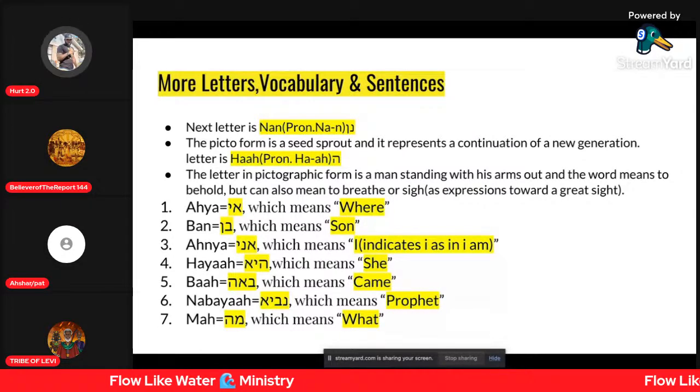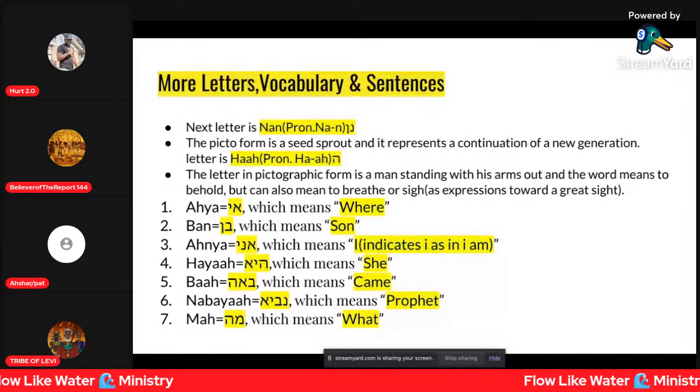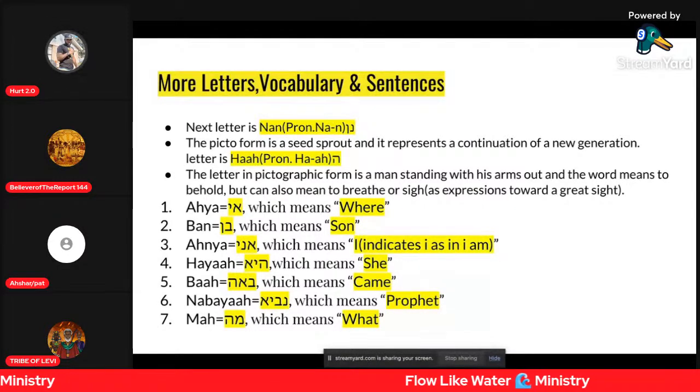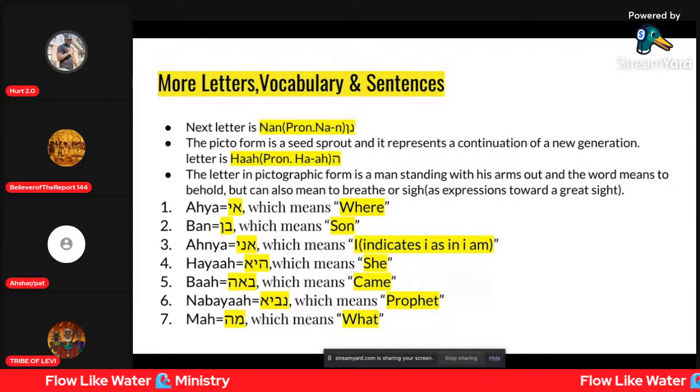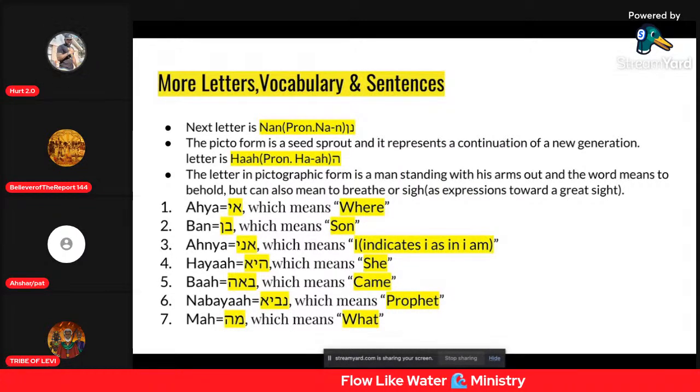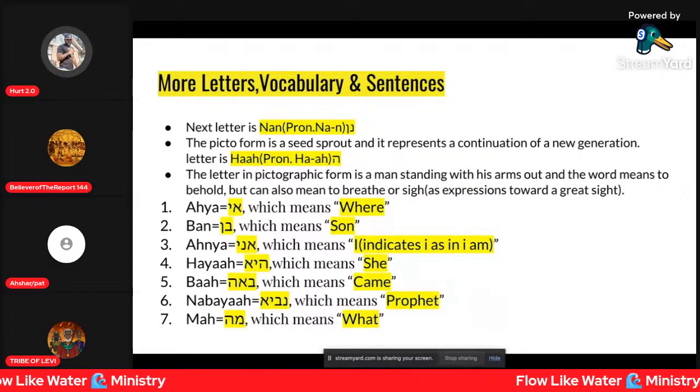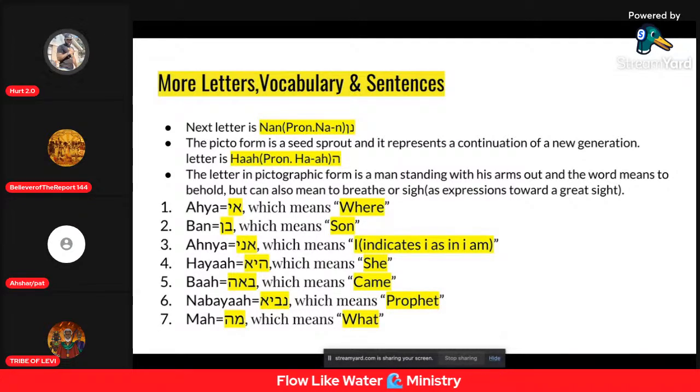Aya, which means where. Ban, which means son. Anya, which indicates I as in I am. Haya, which means she. Ba, which means came. Nabaya, which means prophet. Ma, which means what.